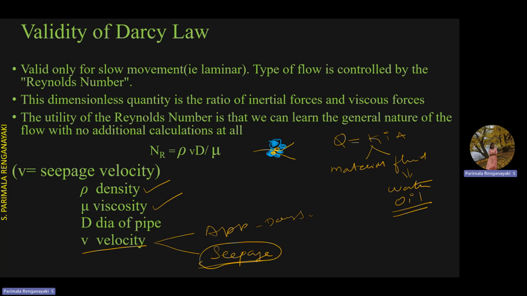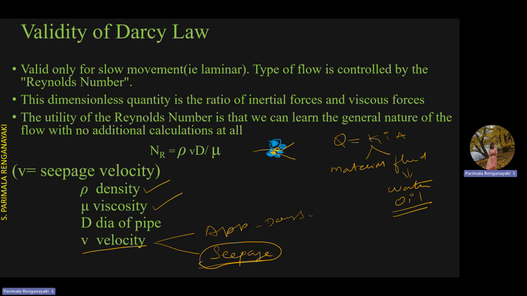Seepage velocity is the real velocity where water is seeping through the porous material. So this Reynolds number considers everything: density, viscosity, diameter of the pore space through which water is moving, and velocity. The pore velocity, seepage velocity, is coming into it.